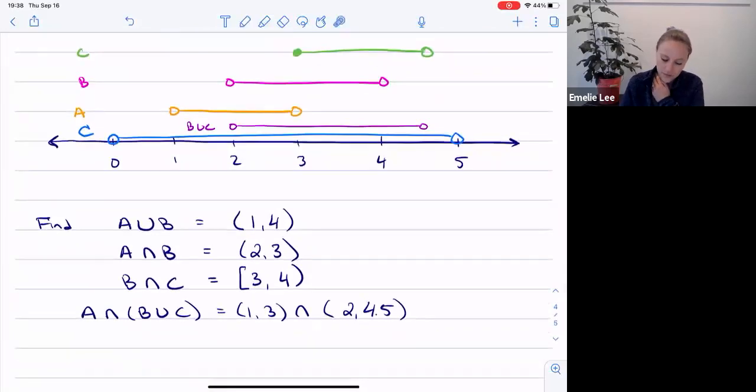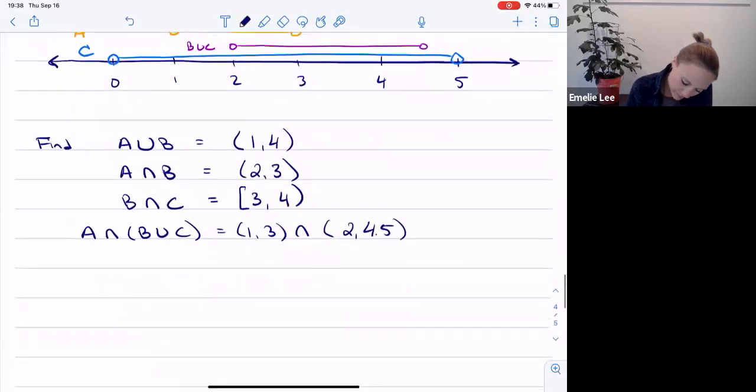So we could do it this way, or let's just look at the overlap, because we want to find A and B or C. The overlap starts here at 2 and it ends at 3. Open interval from 2 to 3.